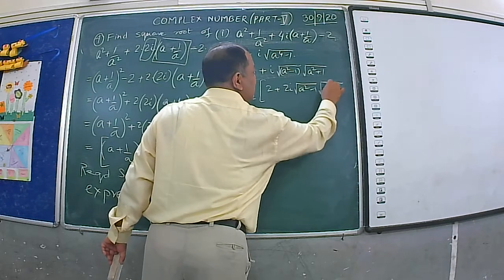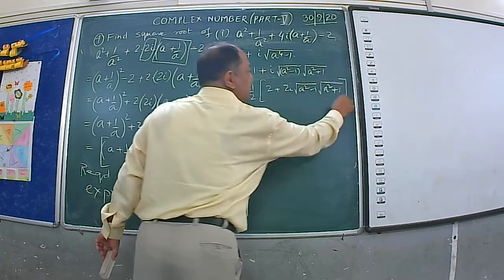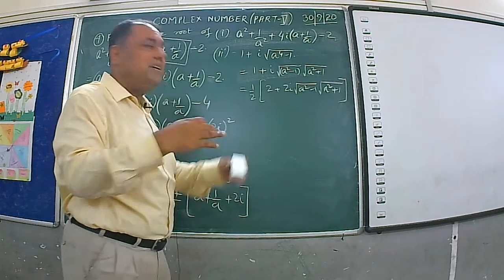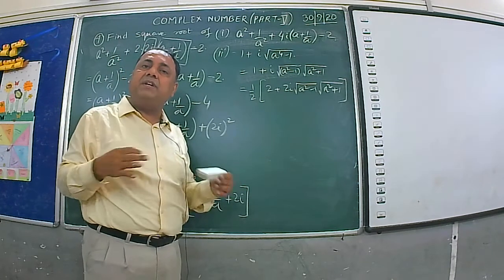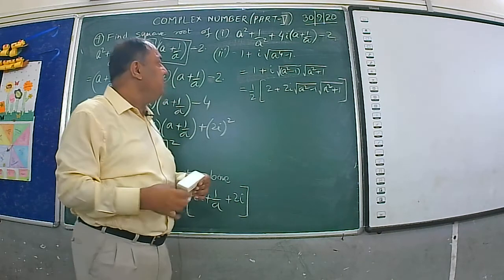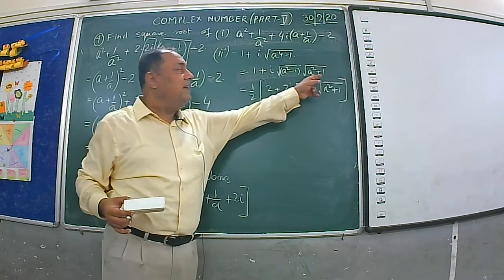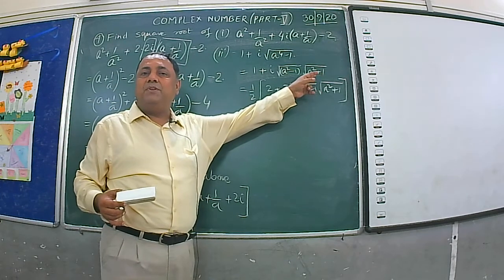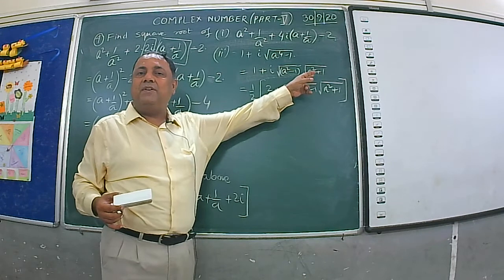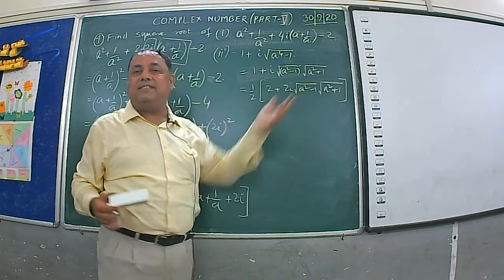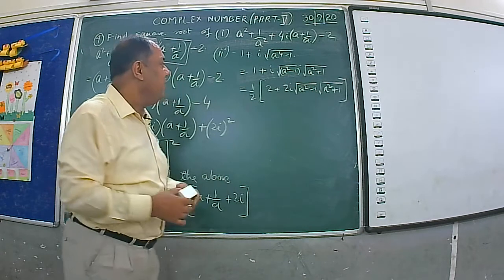My expression now reduces to, it is just arranging and rearranging. First, you locate the 2iab form and try to locate what is a and what is b.